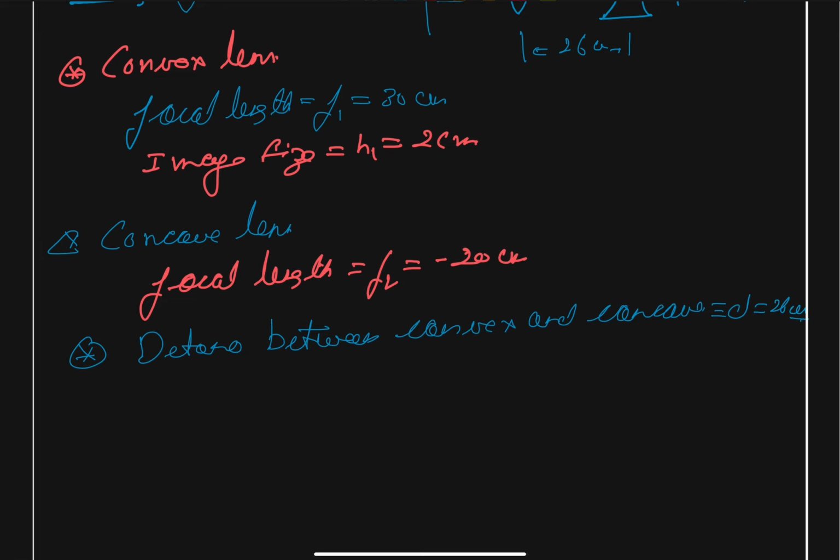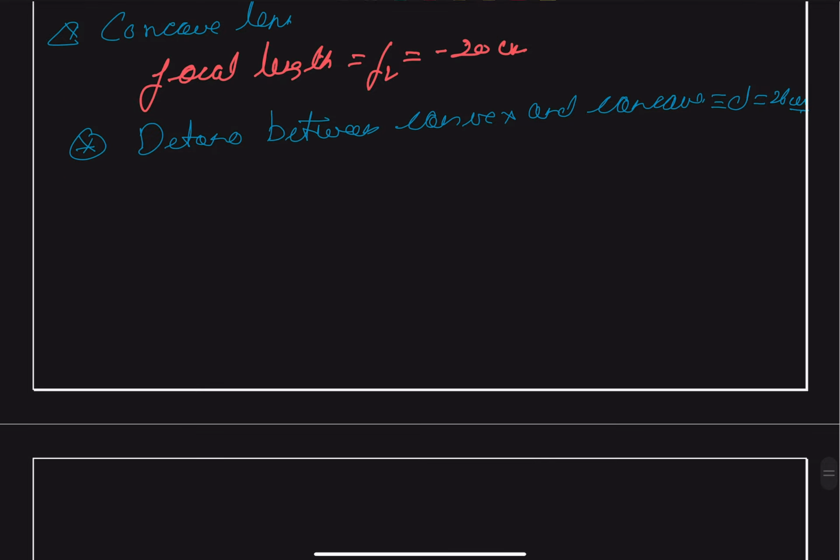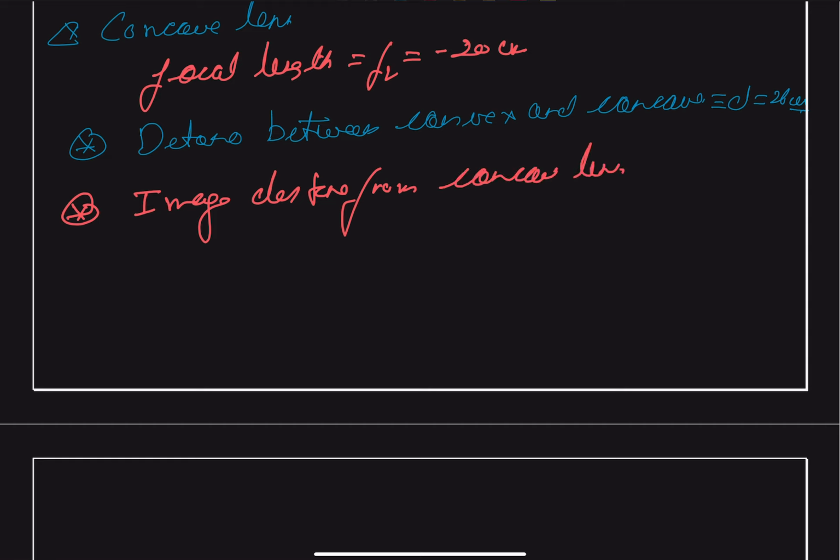So we can use the standard formula, that is 1 upon F is equal to 1 upon V minus 1 upon U. Okay. So let us find out the image distance from the concave lens. And the image formed by the convex lens is going to act as an object for the concave lens.